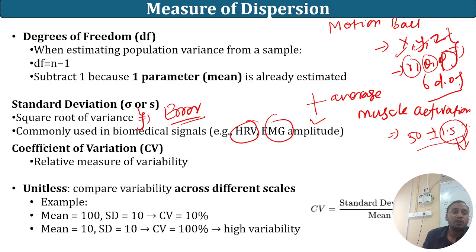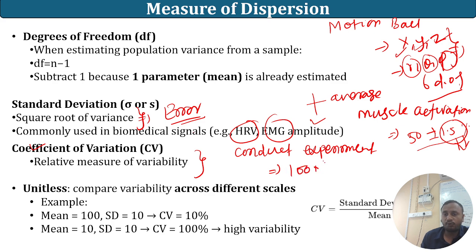Then we have the coefficient of variation. It tells us the relative measure of variability. Let's say I conduct an experiment asking a person to apply 100 Newton of force. Participants are not going to control it exactly. One might apply 99 Newton only.